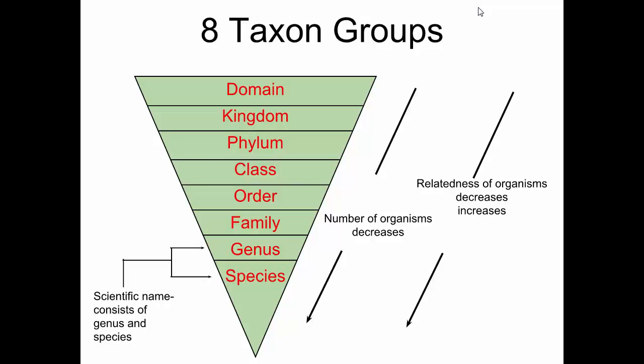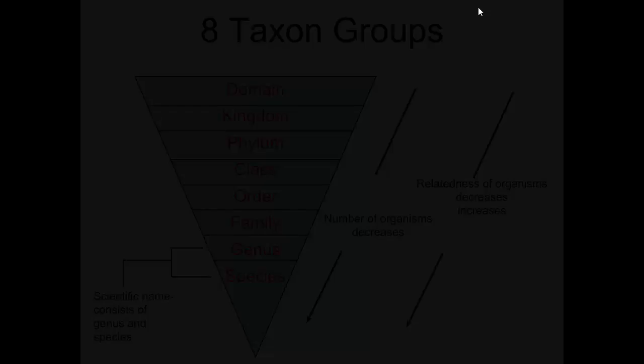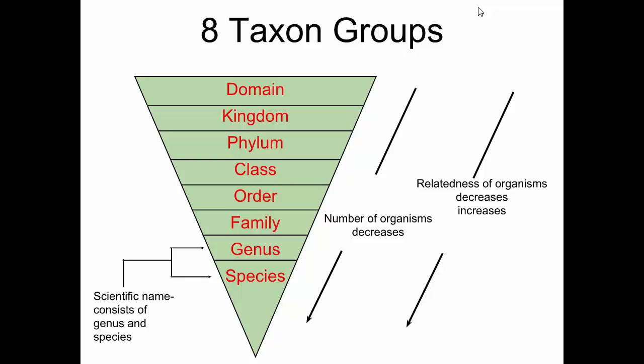Those are our 8 levels of classification, our 8 taxonomic groups. As we go from up here to down here, we get more and more specific. There's fewer and fewer organisms in each group, and the relatedness of the organisms gets closer as we move down.